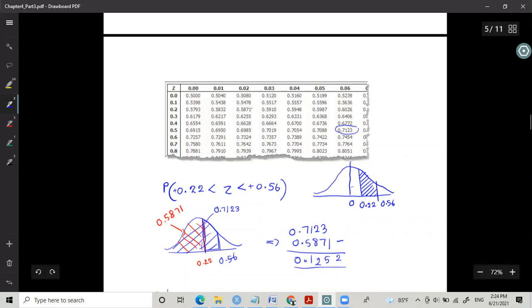Is this clear to all of you? This is how you find the in between areas. Shall we try another one? Right, can you find this one? Probability Z is between, I'll give you an easy one, 0.6 and 0.8.